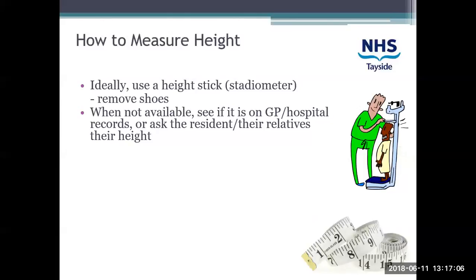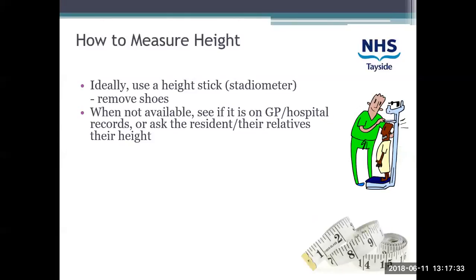Most places will have a measuring tape that you can use for other clinical procedures. Make sure it's against the wall, remove the resident's shoes, and record it, preferably in meters to 2 decimal places.